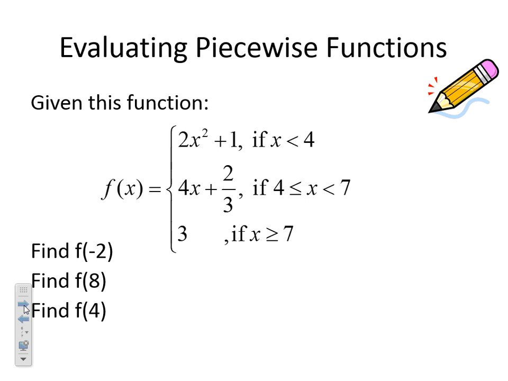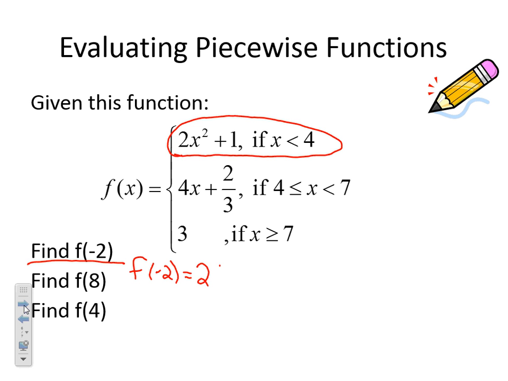So let's look at our first one. We have to find it when x is -2. So we're plugging in -2. Well, -2 is going to be less than 4, so I'm going to plug it into this one right here. f of -2 equals 2 times -2 squared plus 1.